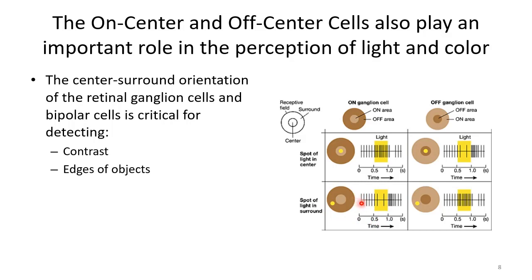So it's not just that they fire at the same rate, but they're actually shut down by that. And this is going to become very important in a second. Whereas the off-center ganglion cells, they are inhibited if they have light falling on the center of their receptive field, and they become excited by light that happens in this peripheral or surround area, and that's when they have the highest firing rate.